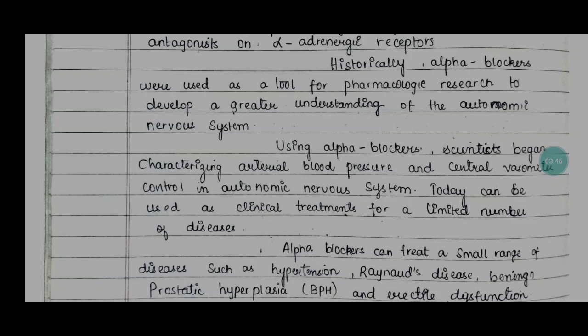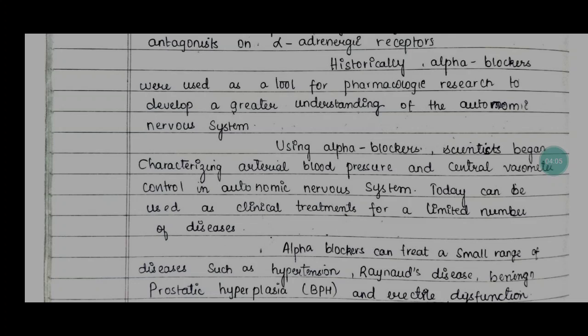Using alpha blockers, scientists began characterizing arterial blood pressures and the central vasomotor control in the autonomic nervous system, where today they can be used as clinical treatments for a limited number of diseases.